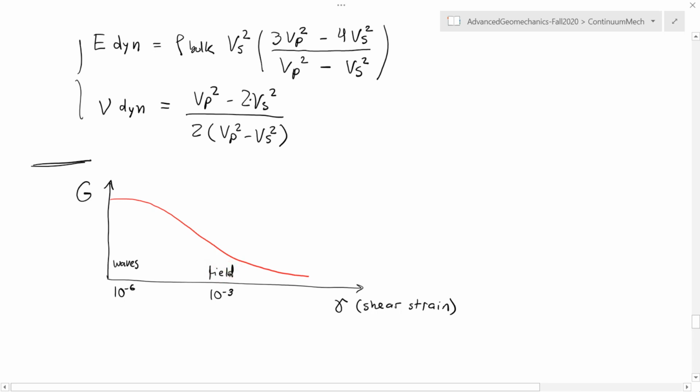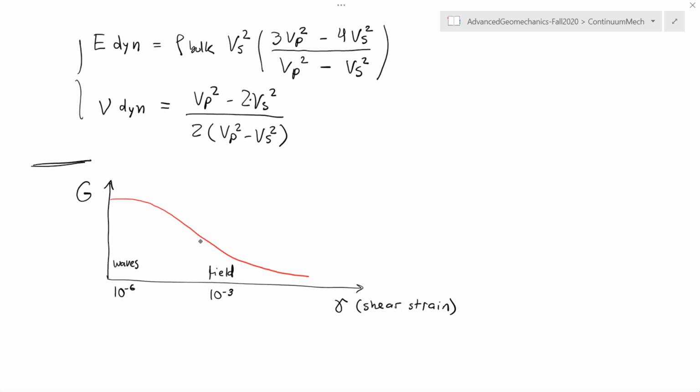So what I measure in a wellbore, for example, through acoustic logs is here, but what I want is in the field. I need to apply some sort of conversion, or I need to take into account this, what is called the degradation of the shear modulus.